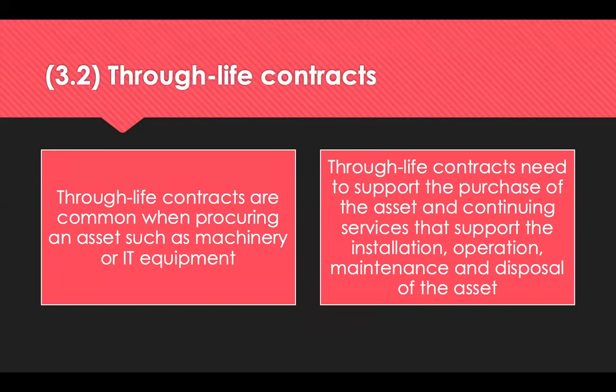Moving on to through-life contracts. So through-life contracts are just what they say they are, contracts applicable throughout the life of an asset. So they're common when you're procuring an asset such as machinery or IT equipment, and they're needed to support the purchase of the asset and the continuing services that support the installation, operation, maintenance and disposal of that asset.